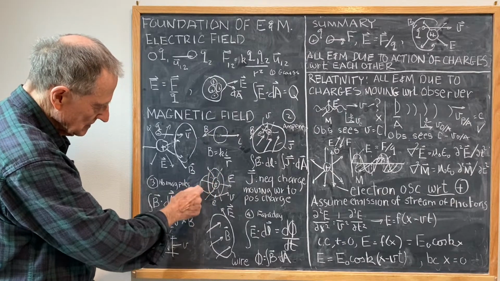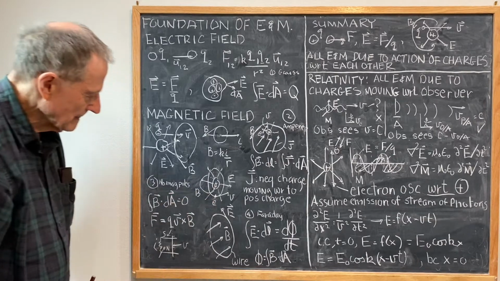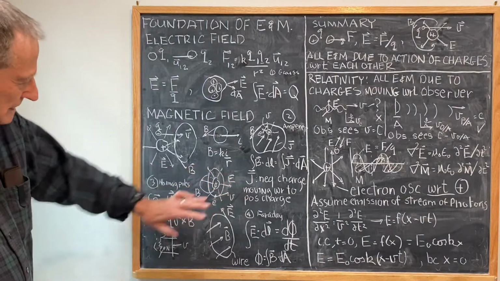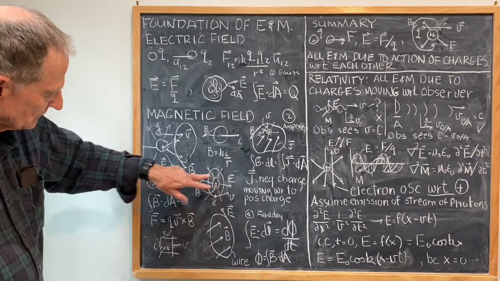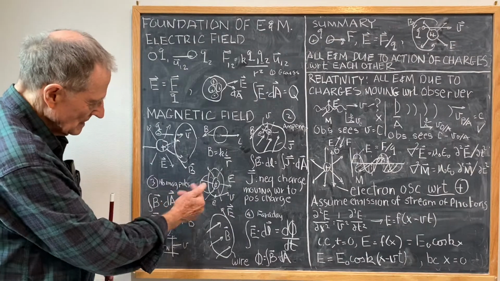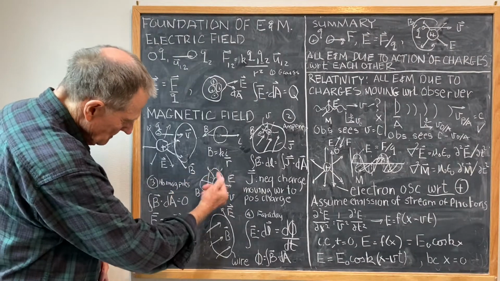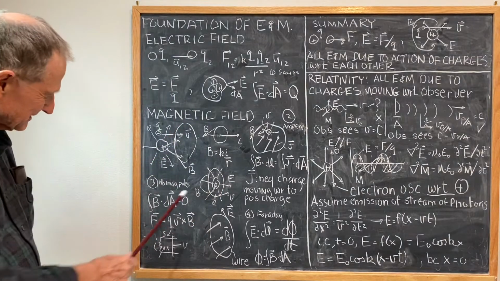So here's the magnetic field at any instant here. I need a better diagram to show it, but the electron moving with respect to the electric field generates a magnetic field. That's the best I can do to describe it.